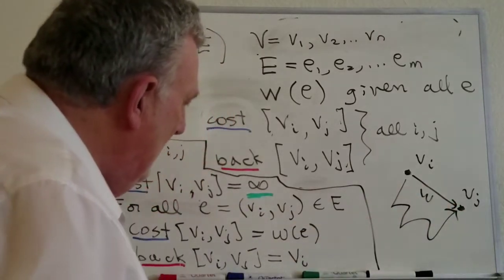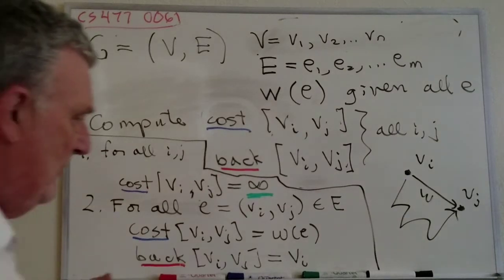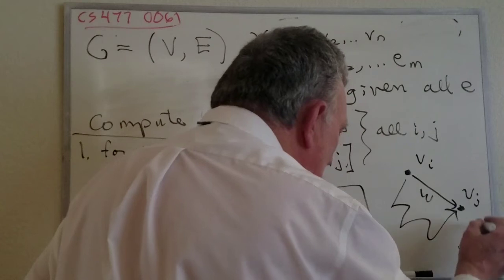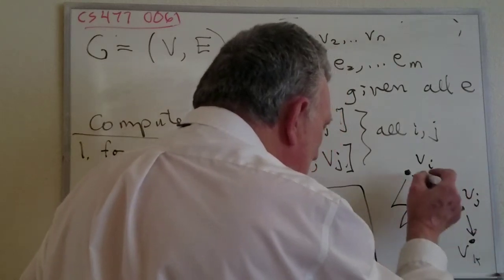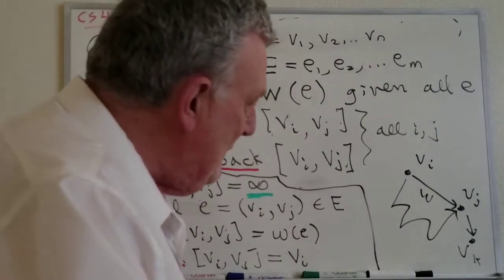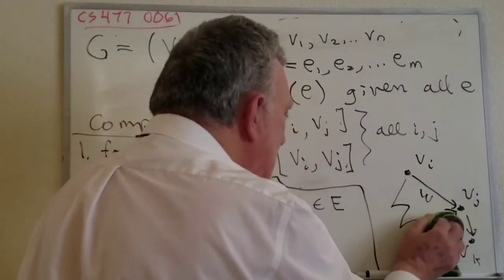Now, in this initialization here, there won't be a path between any two vertices, even if eventually there is. Because, for example, if I have another vertex here, there could be an edge there, but there might not be an edge from vi to vk, which means eventually we'll find a path, but not during the initialization.